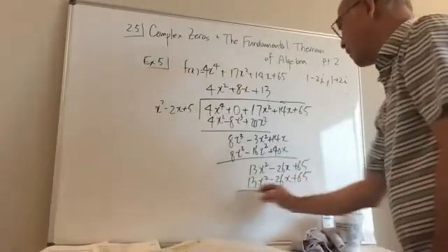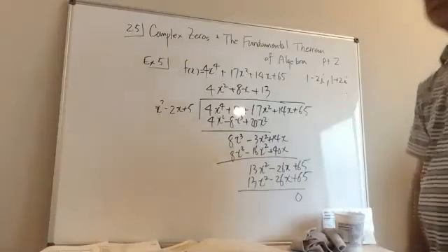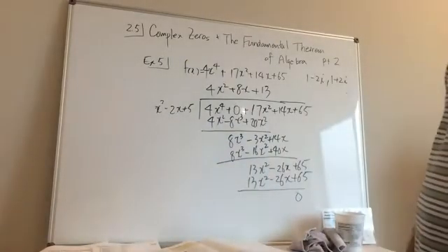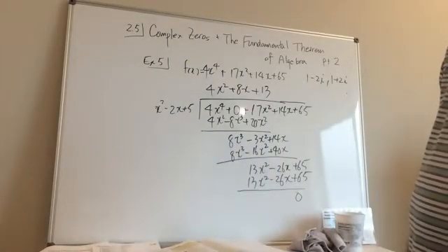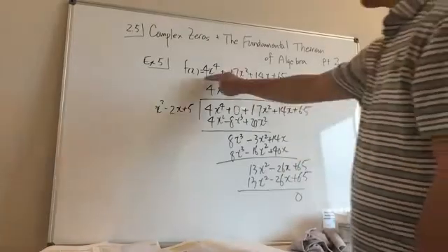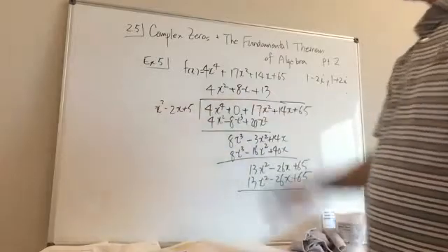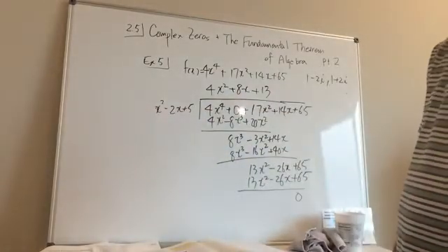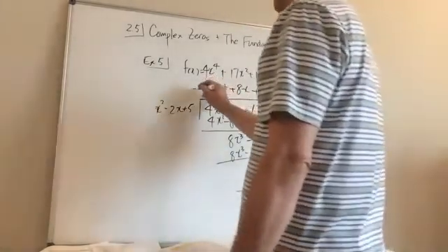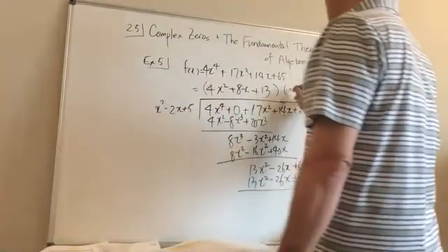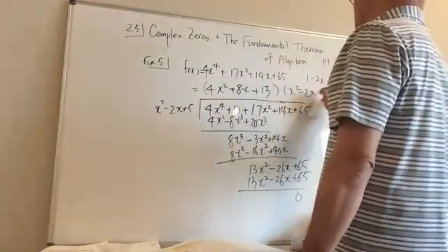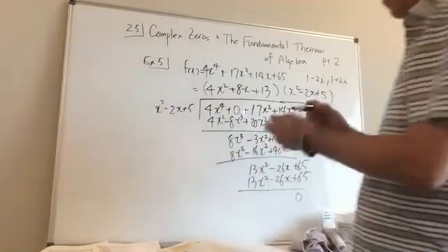And ding, ding, ding, we have a winner. There's a 0 remainder. Okay? So in other words, this guy here is this times this. So I can rewrite this as this guy times x squared minus 2x plus 5.